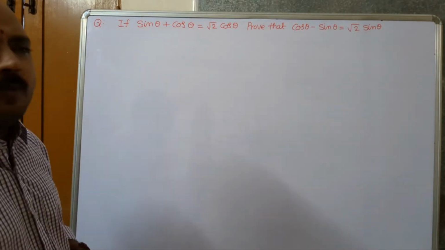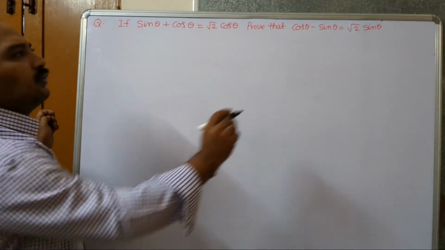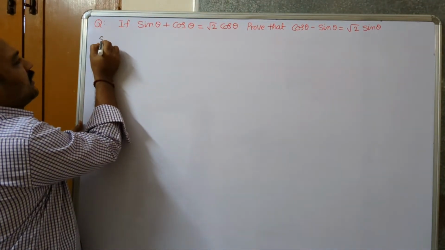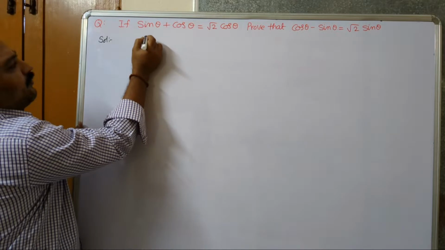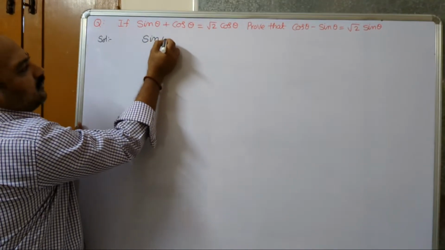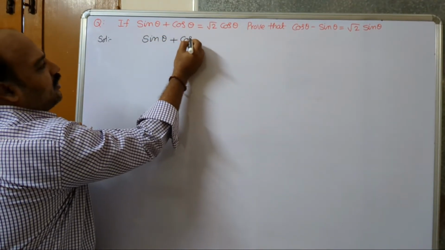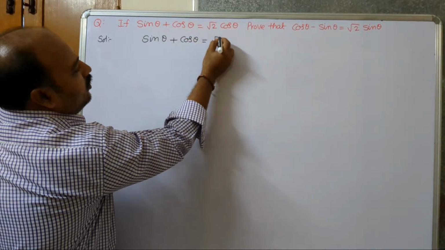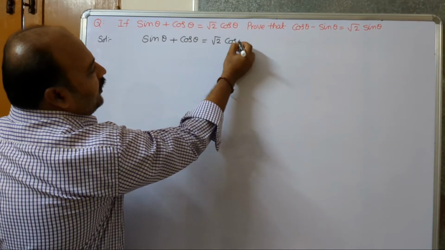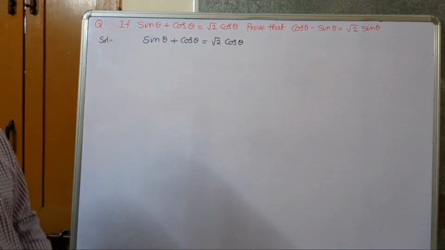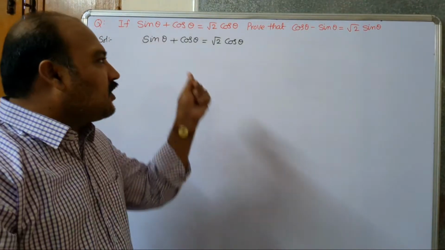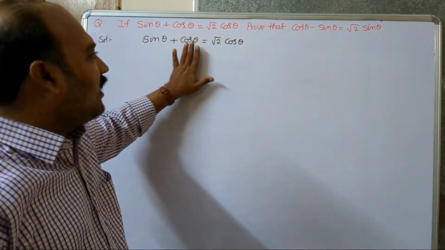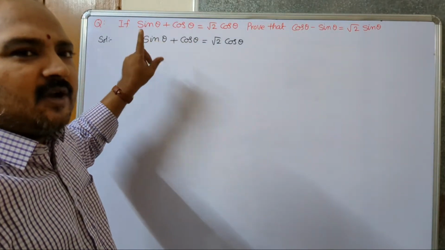To solve this problem, first consider what is given: sin theta plus cos theta is equal to root 2 cos theta. Bring all the terms to one side. Here cos theta is there, here also cos theta is there, only one sin theta term is there.